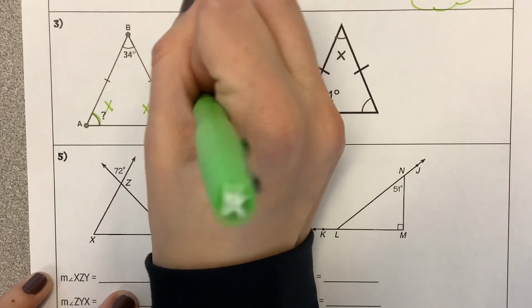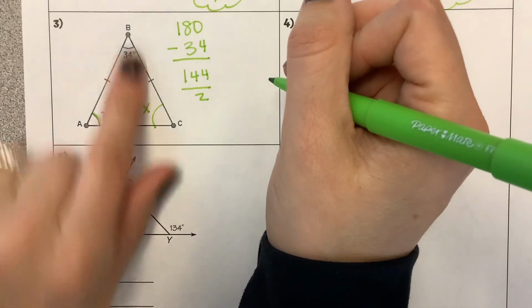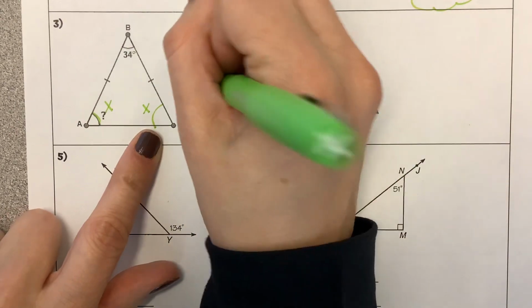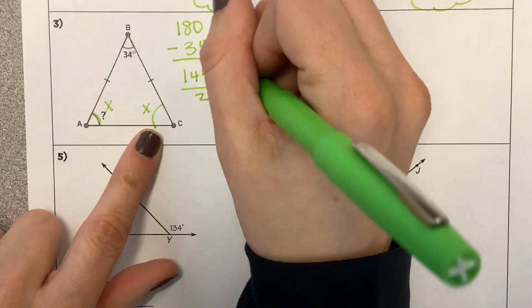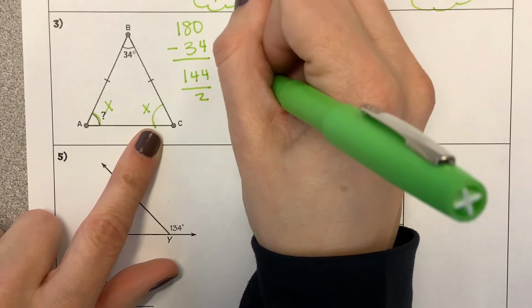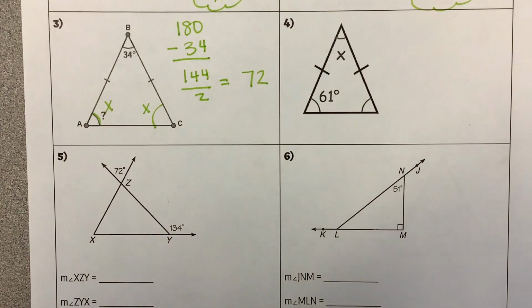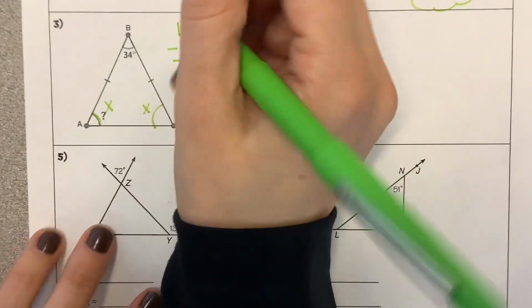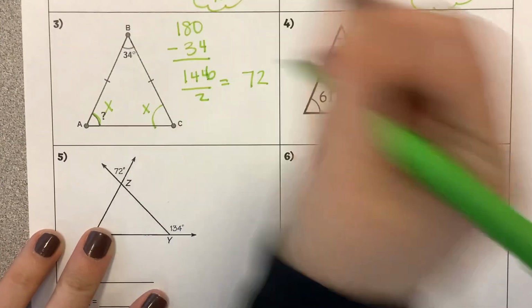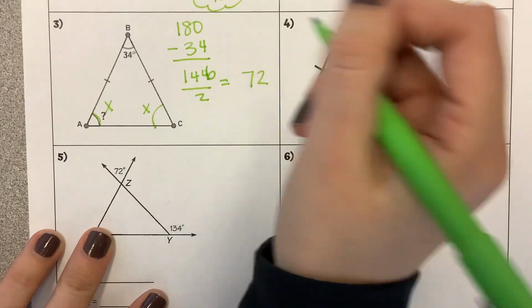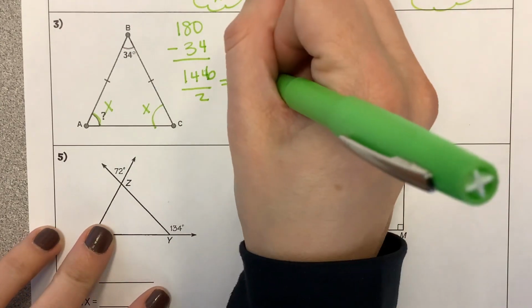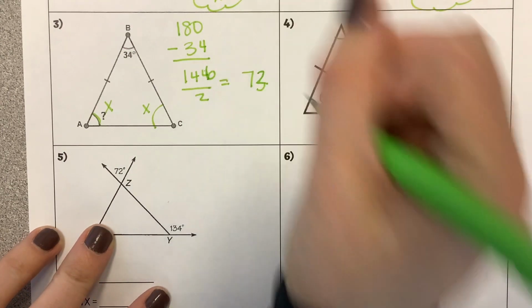And we're dividing it by 2 because the remaining measure is divided between two equal angles. So 144 divided by 2 is 72. Okay, next one. Whoops, that was wrong. 146. My bad. 146 divided by 2 is 73.